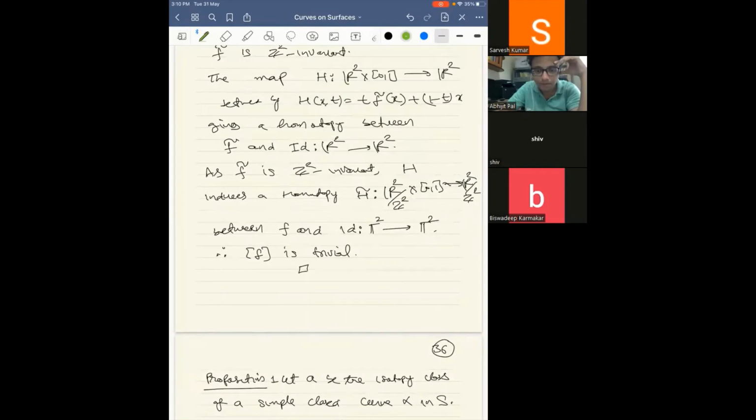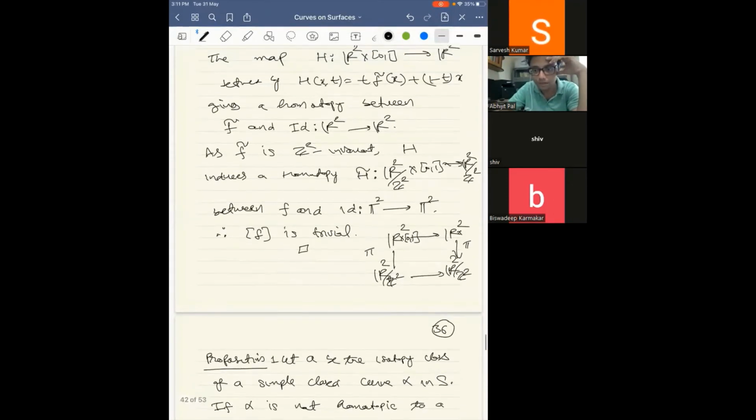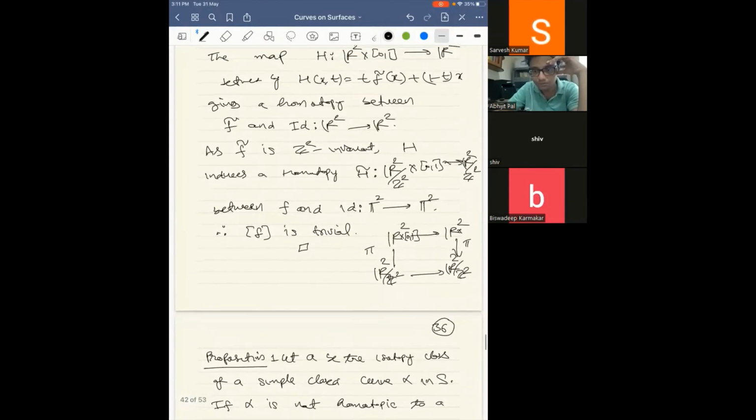You have this R2 to R2, and then you have the quotient map. The homotopy you have gives a map R2 cross I to R2.